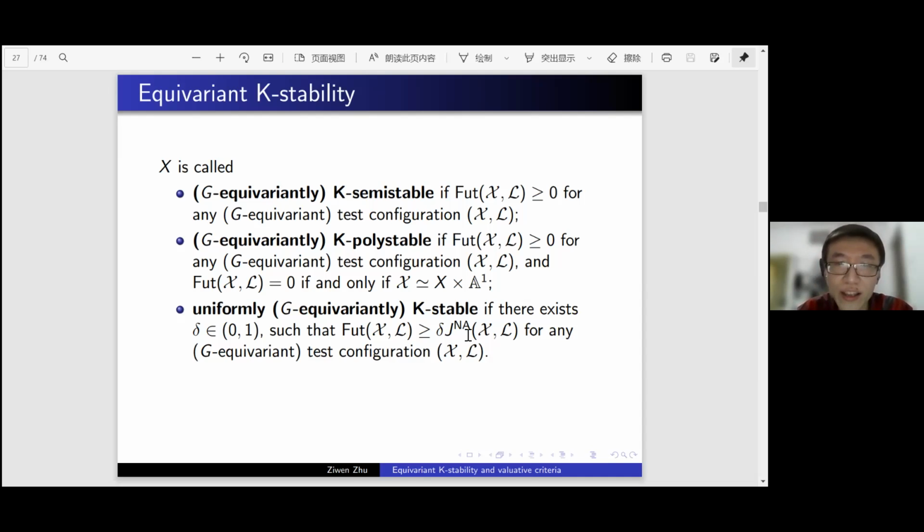But at first, when I tried to define this uniform K-stability, I was just trying to define things parallel to the usual K-stability definition.